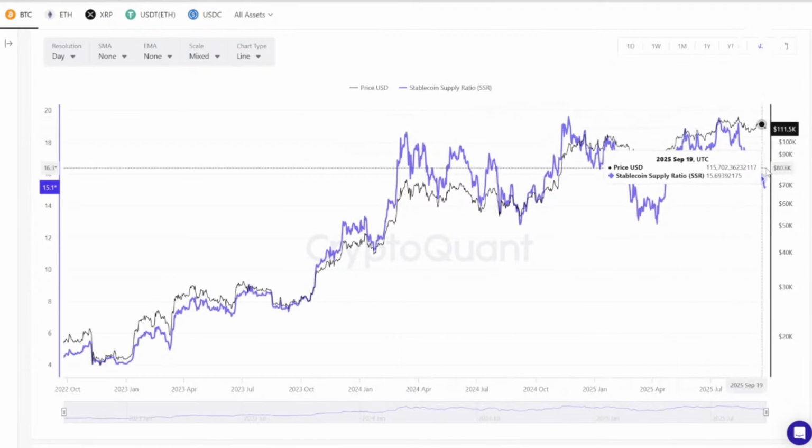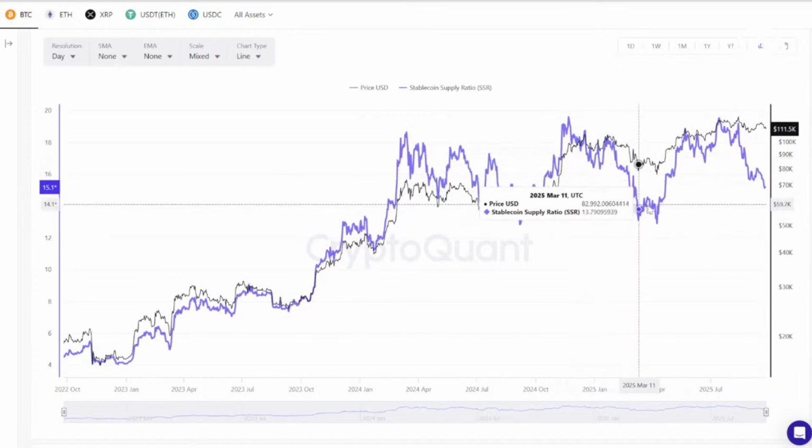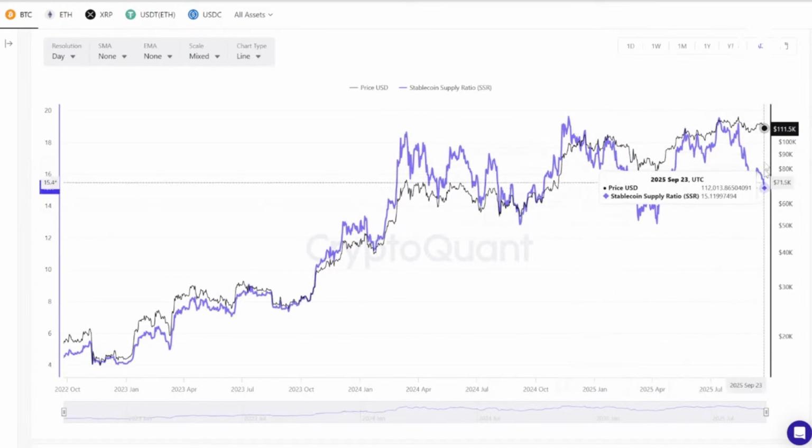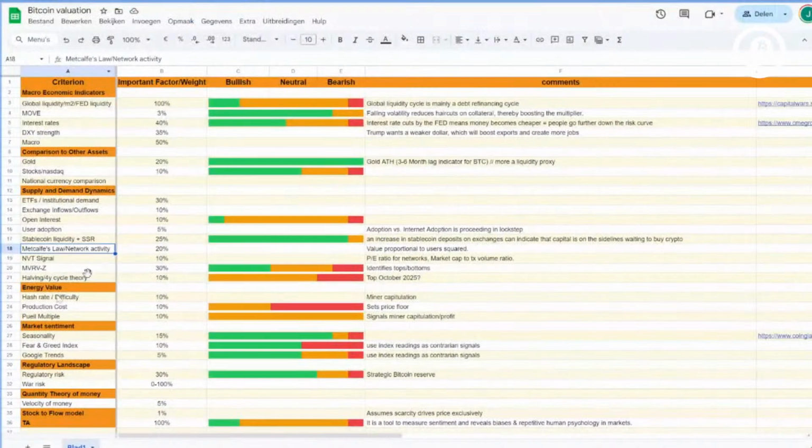At the moment, the stablecoin supply ratio is just falling and falling, and this is something we see at the local bottom. So this being so far under the Bitcoin price is also super bullish to me. I give it a 25% weight.